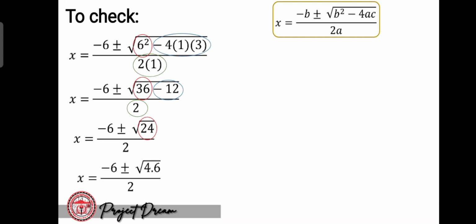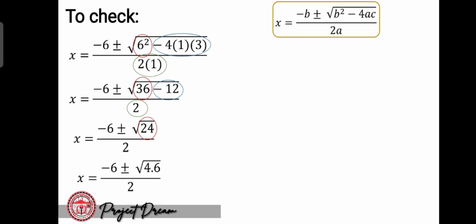And then, to simplify, since 24 is not a perfect square, we will find the factors of 24 where one factor is a perfect square. We find 4 times 6 as a factor of 24 where one factor is a perfect square. So we copy negative 6, either positive or negative, square root of 4 times 6, all over 2.